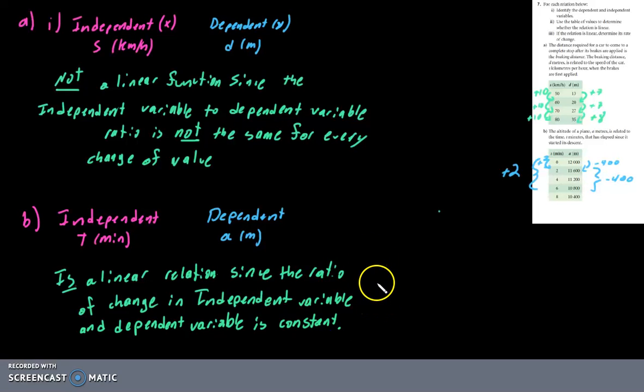Now, let's go ahead and do the last one there. When we're talking about what is the rate of change, there are a lot of ways we can do this, but what I'm going to do is talk about the change of dependent divided by the change.